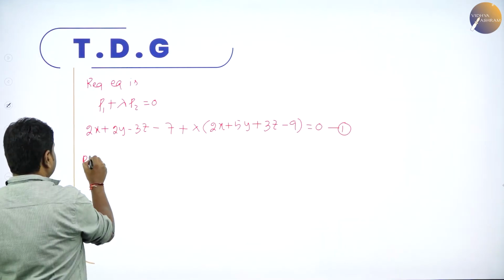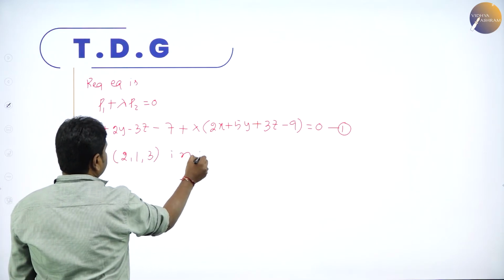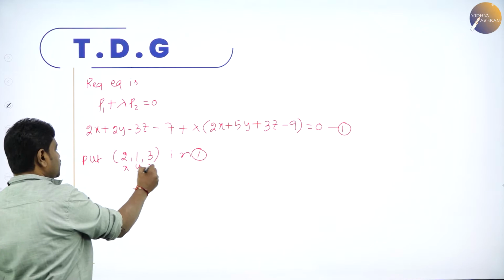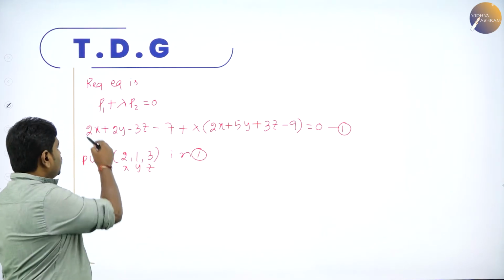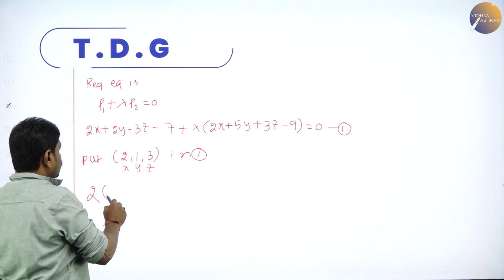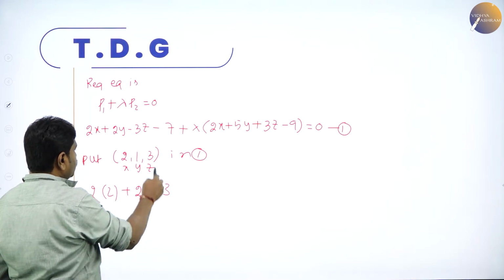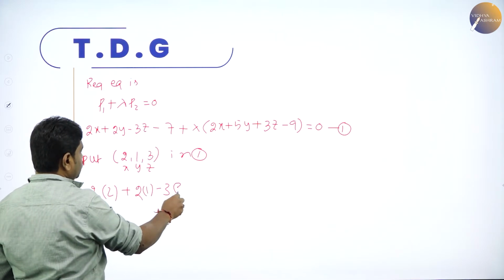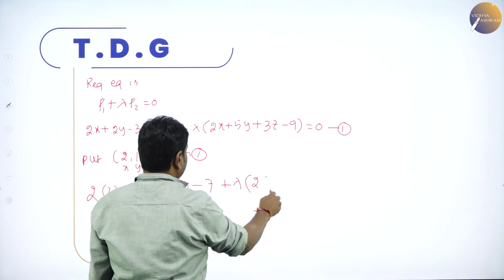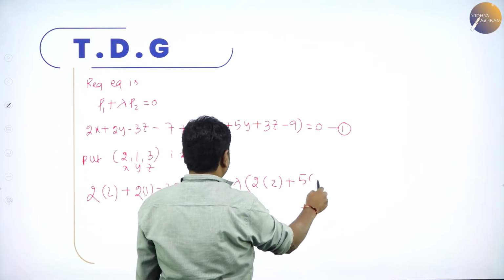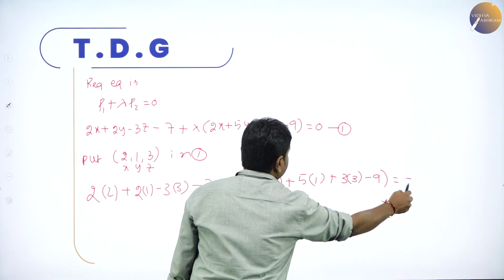So now put 2 comma 1 comma 3 in equation 1. That means in the place of x put the x coordinate, in the place of y put the y coordinate, in the place of z put the z coordinate. So here 2 into x, x is 2: 2 into 2 plus 2 into y, y value is 1, minus 3 into z, z is 3, minus 7, plus lambda times (2 into 2 plus 5 into 1 plus 3 into 3 minus 9) is equal to 0.